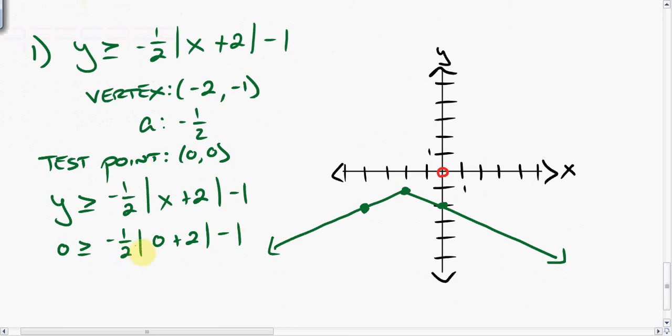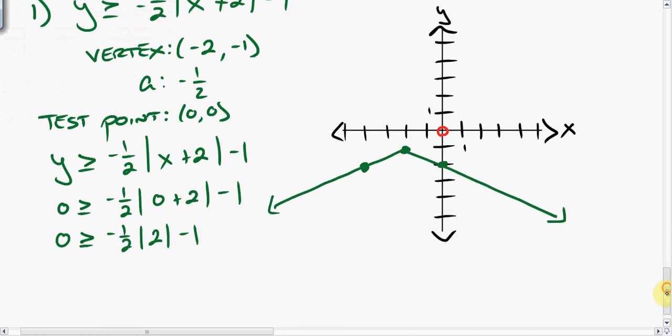And again, you just evaluate each side independently. You're not moving anything from one side to the other. Absolute value bars are like parentheses, so when you're doing your order of operations, you have to simplify within the absolute value first. So I've got 0 is greater than or equal to negative 1/2 times the absolute value of 2, minus 1.